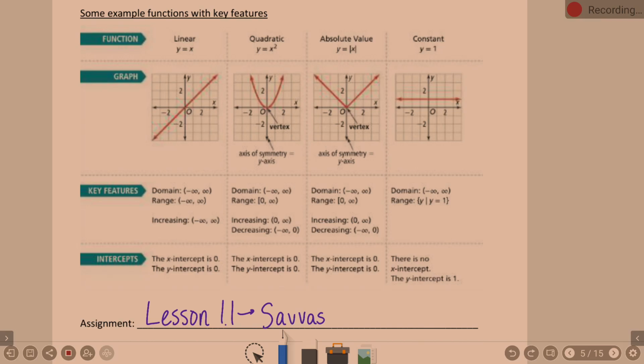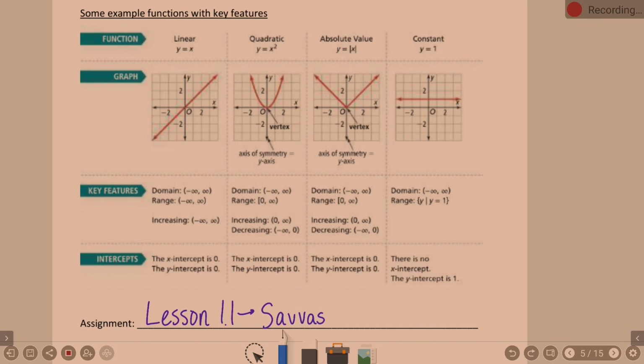A quadratic, and we'll do a lot with quadratics this year: y equals x squared, that U-shaped graph. Absolute value, which we're going to do a little bit with in this unit 1, is the V-shaped graph. And a constant, which is just y equals a number. There's an example of a constant graph.